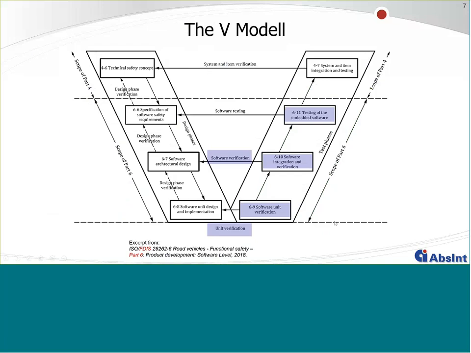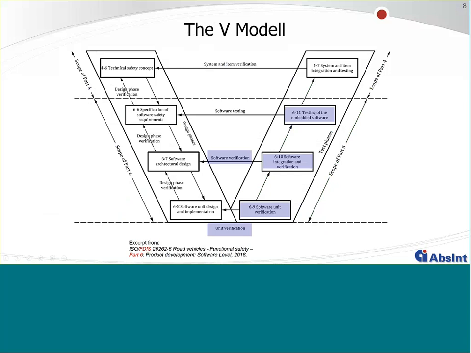Now, ISO 26262. If you look at the norm, I'm mostly focusing on part 6 about software. In the first part of the document, it's about general fundamental topics, where the development process is illustrated. And of course, the development process is based on the V model.